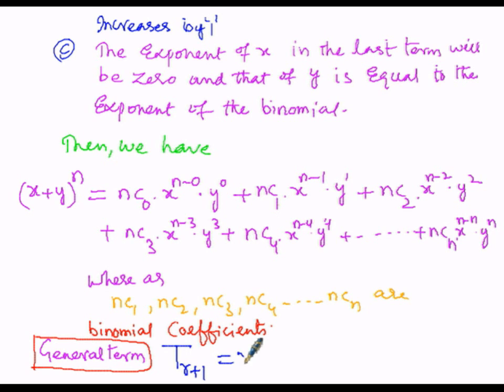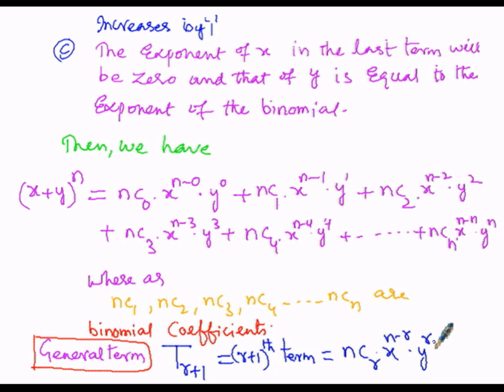So it can be given by nCr x to the power of n minus r into y to the power of r, which is the general term of the binomial.